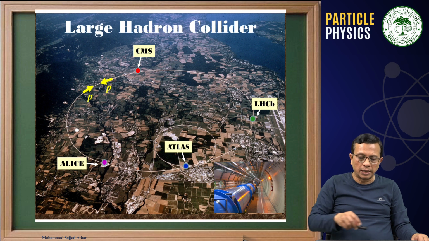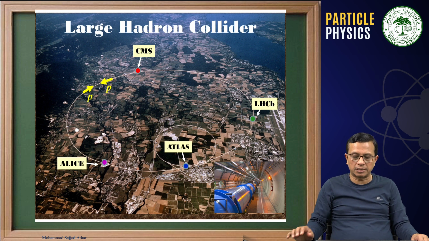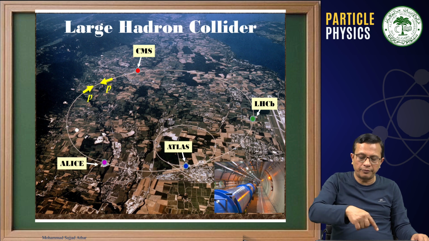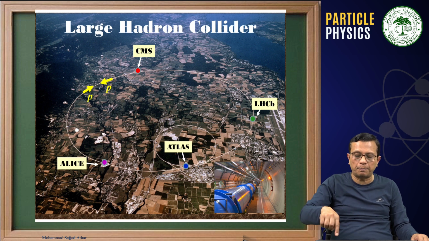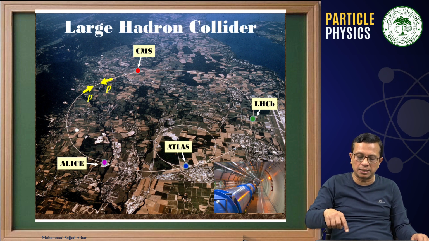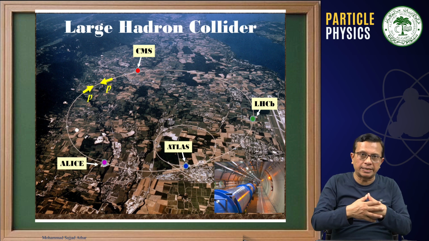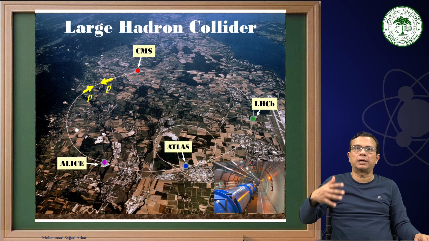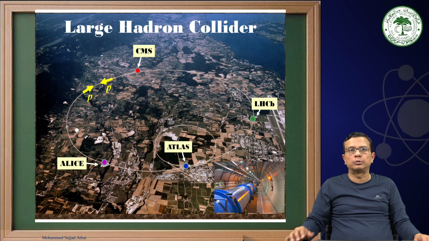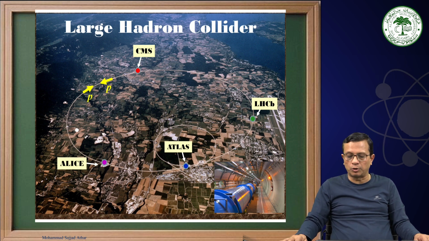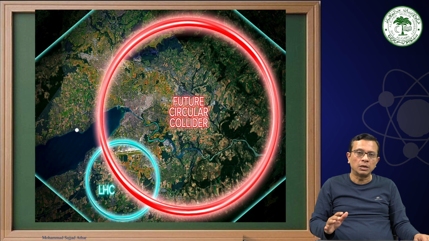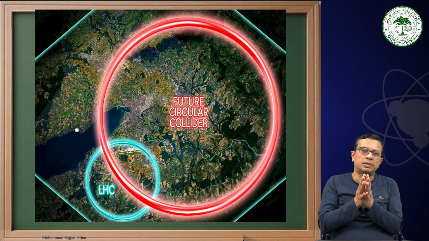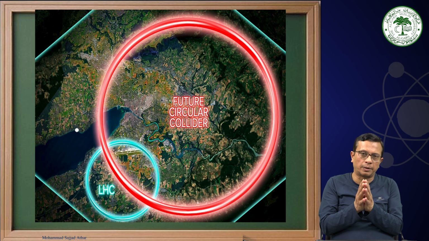This is a 27 kilometer circumference, and you see the line which is showing here. We have the accelerators, and then we have placed the detectors at various places where the collision will take place, and you will observe new particles, exotic particles, or you want to see the QGP signals and many more things.